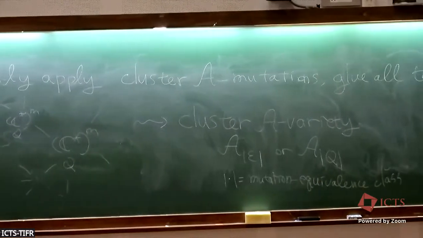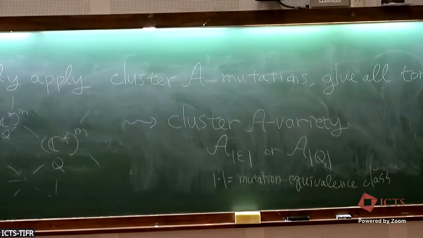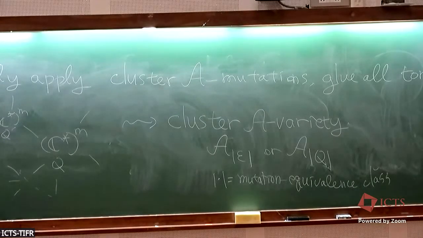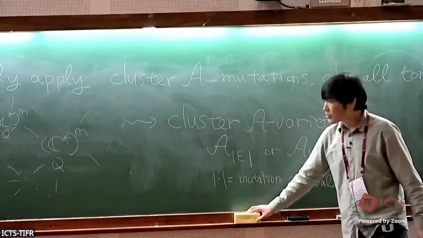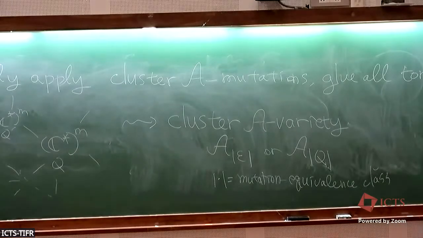Anyways, you can start from any choice of quiver, any choice of skew-symmetric integer matrix, and then just use these abstract combinatorial formulas to glue different tori and get some space. And if you use only cluster X mutations, what you get is the cluster X variety. If you would like, you can think in that way.